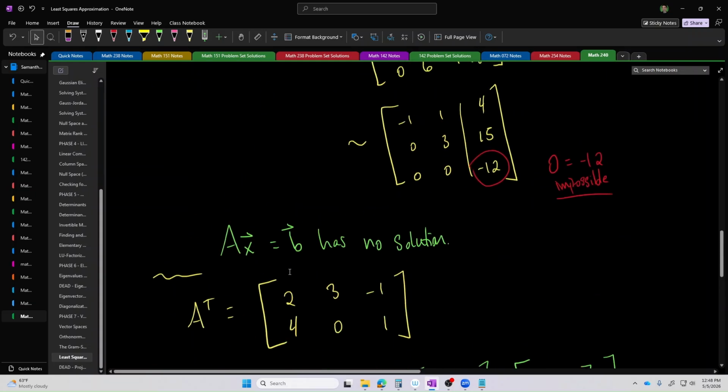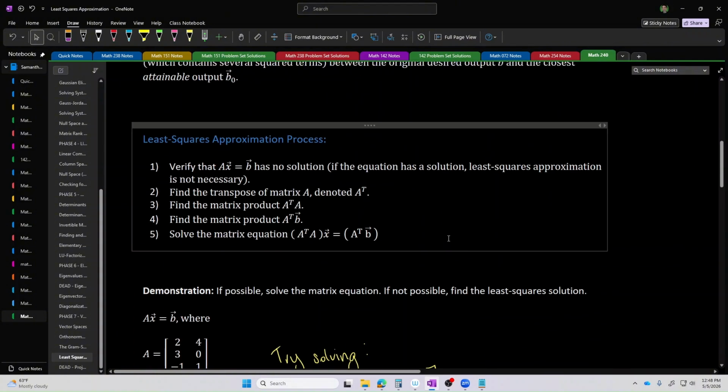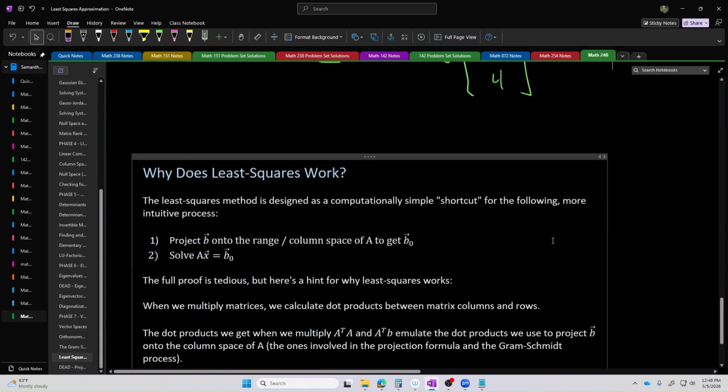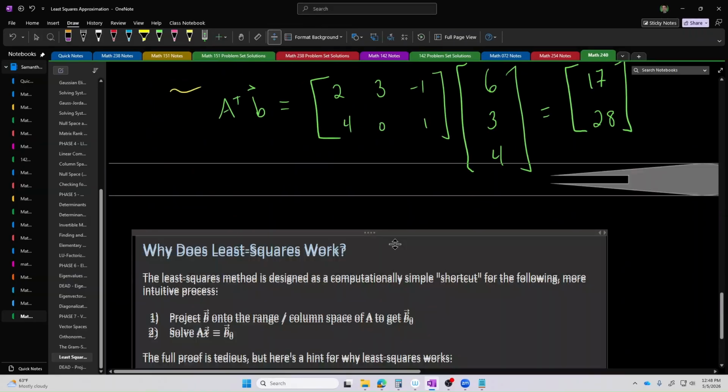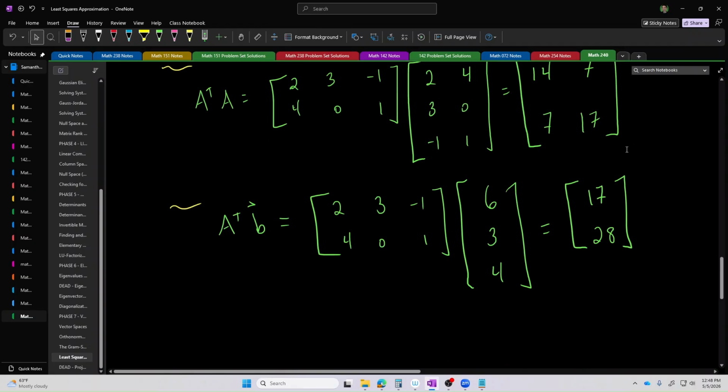Okay, what I'm going to do is solve the matrix equation A transpose A times X equals A transpose B. I'm going to solve the matrix equation involving this modified matrix and this modified output vector.